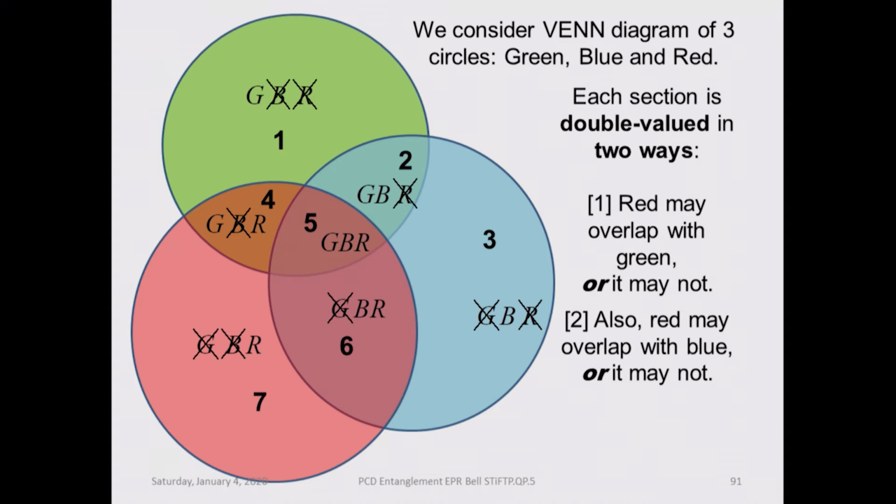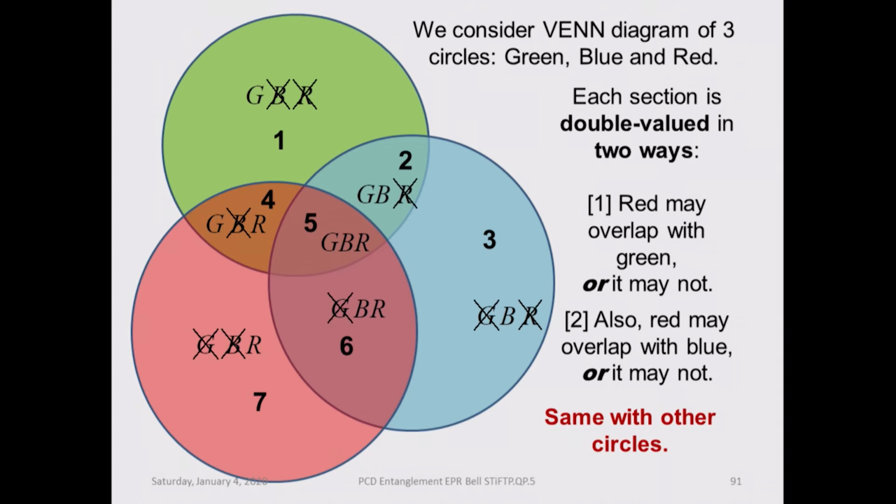So, each section is double valued in 2 ways. The red may overlap with green or it may not, but also the red may overlap with blue or it may not. Whether it does or not depends on whether you care to carry out that measurement. If you do not carry out that measurement, it still has a piece of information which is sitting there. Okay?